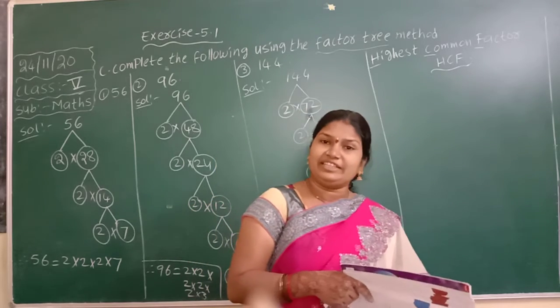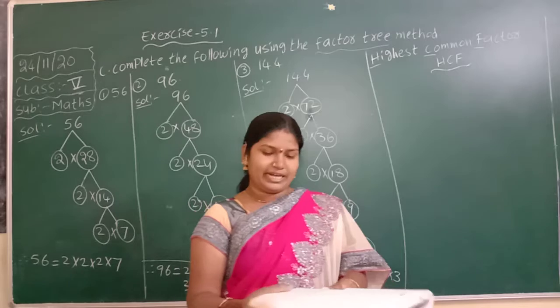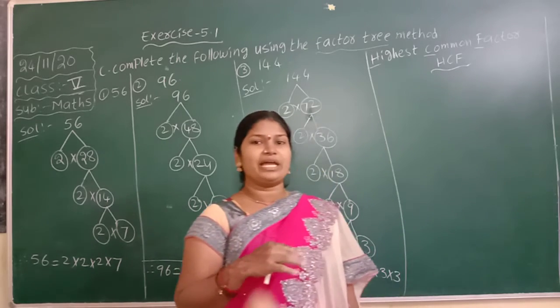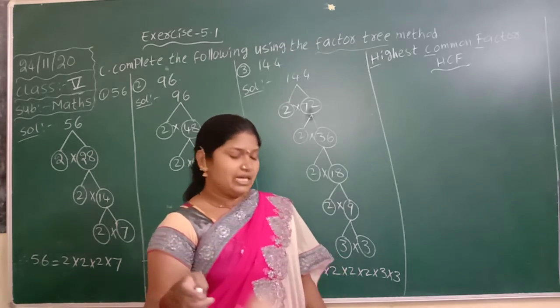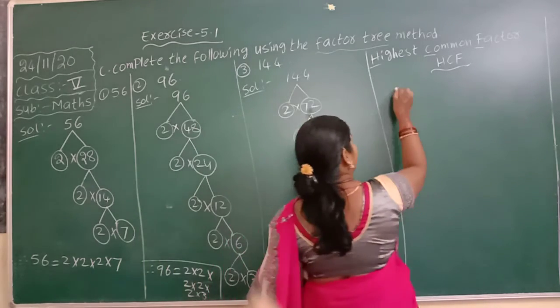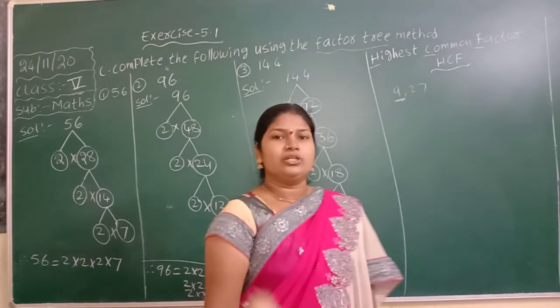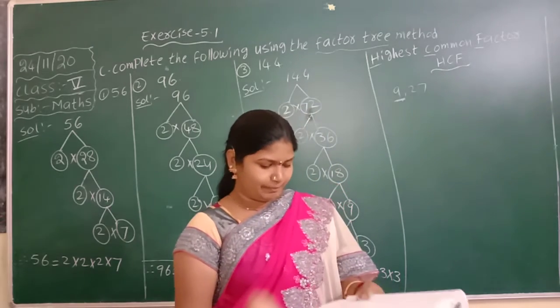Because 9 threes are 27. So the HCF of 9 and 27 is 9. The least number is known as the HCF of the given numbers. 9 is the least number, so it is known as the HCF of 9 and 27.